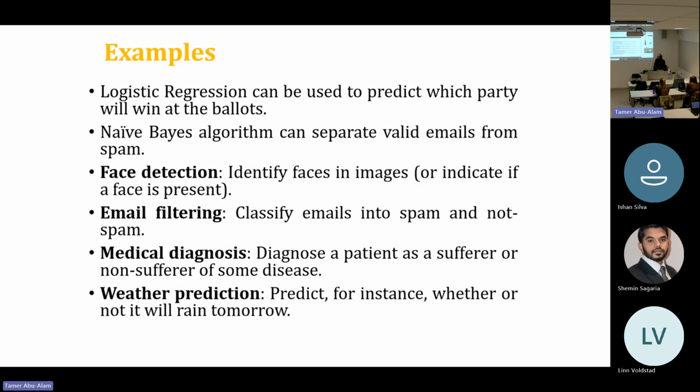Logistic regression can be used for predicting which party will win the ballot. I think the majority of the big data companies in the US are working on which party will win the election, and machine learning can do it.